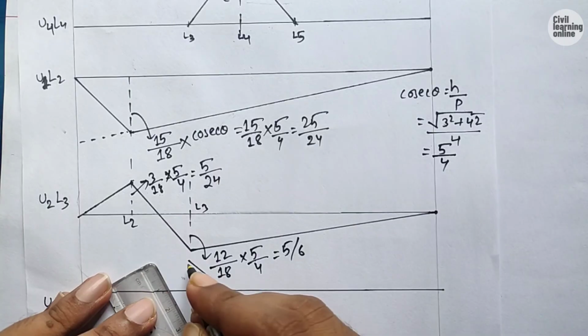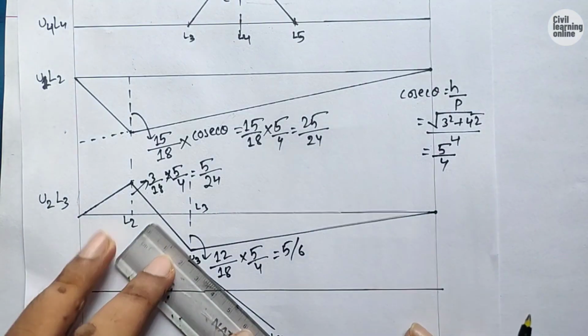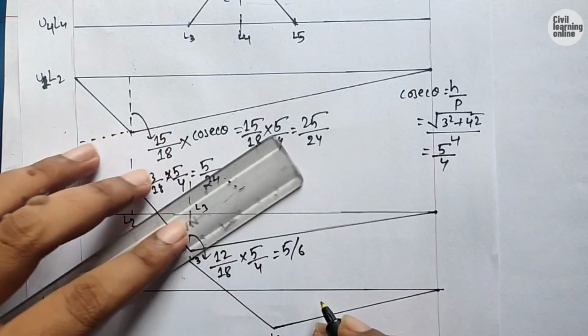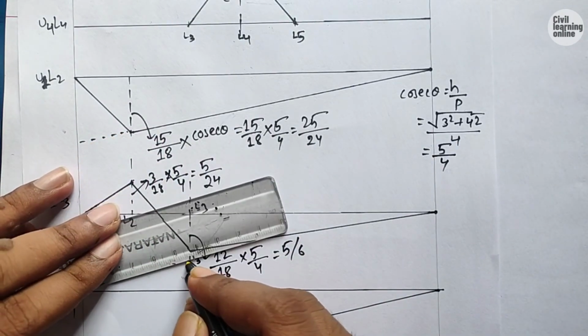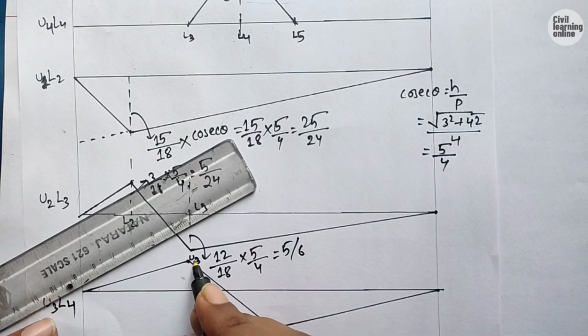So here this is the U3 node and this is the L4 node. Now join the influence line diagram and calculate the height. This node is below the point L3 and this is L4.